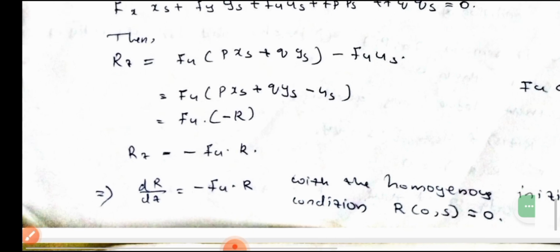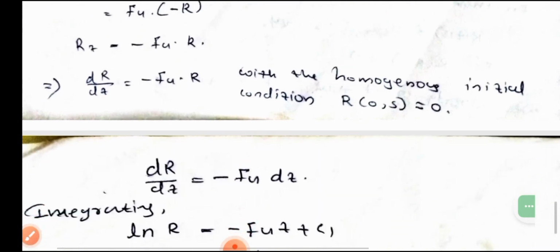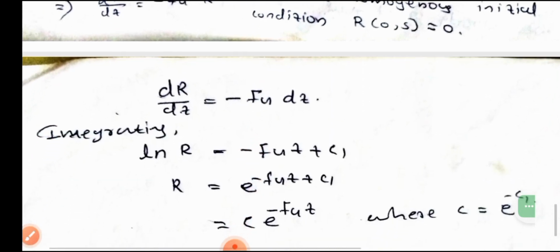Then r_t means dr by dt. dr by dt is equal to minus f_u into r, with the homogeneous initial condition r of 0 is equal to 0. Then dr by r is equal to minus f_u dt.